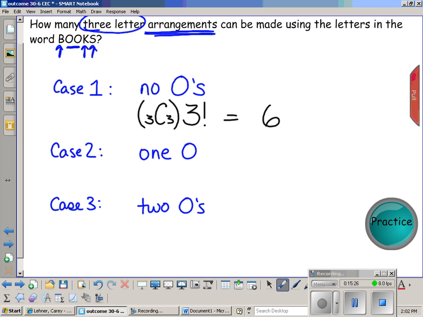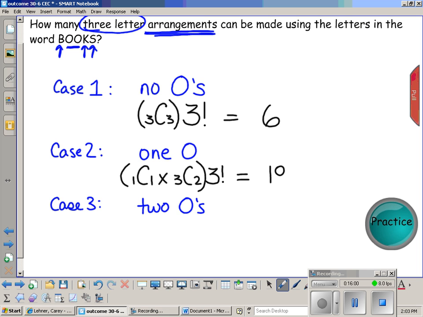Now we want to look at the O's. We want to choose 3 letters, one of them of which is an O. So we are going to have 1 O that we're choosing. Now there are 3 non-O letters, but we only need 2 of them this time because we need 2 that are not O's and 1 that is an O. Once we have chosen 3 letters, we need to arrange those, so times 3 factorial.